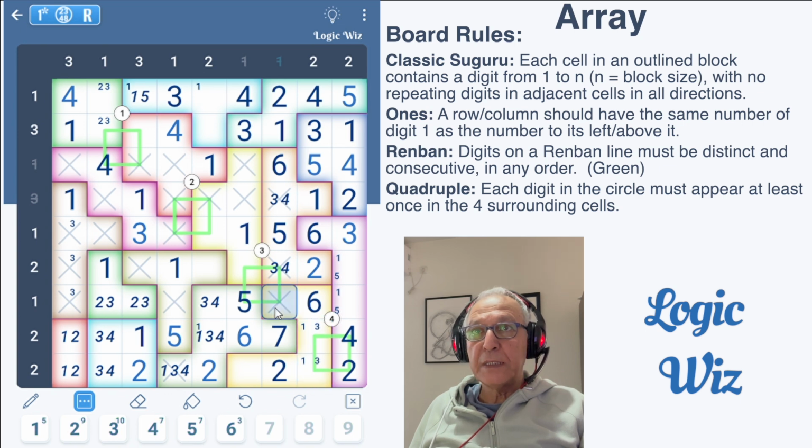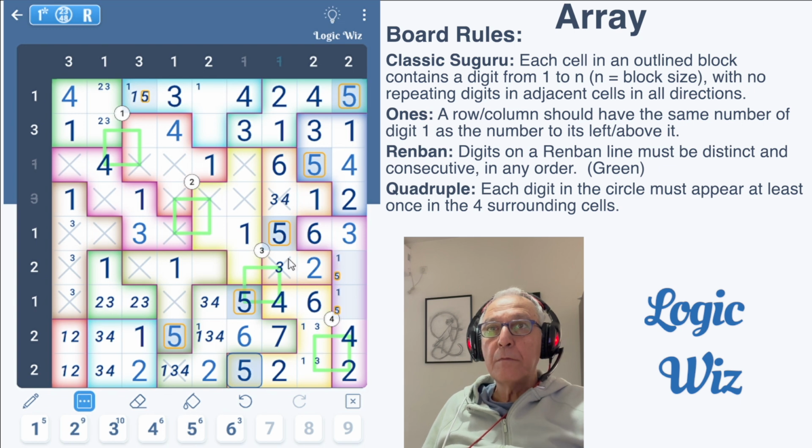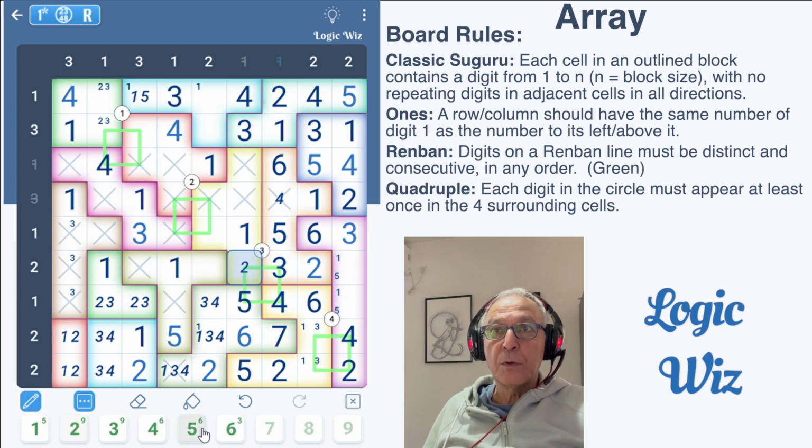Since 5 cannot be here, this must be a 4. This must be a 5. And we got the 3 of the quadruple here. So 3, 4, 5. This one can be either 2 or 6.